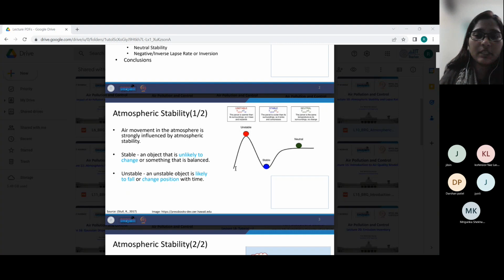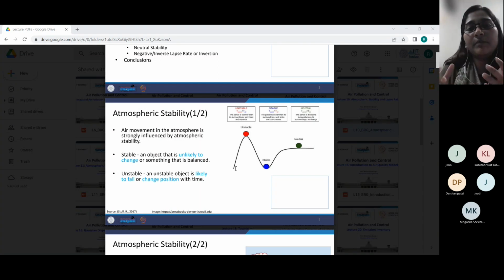Okay. And what is the relation between the temperature of the parcel and the temperature of the air in the unstable environment? The temperature of the parcel is more than the temperature of the air. Yes. So this is your unstable condition.